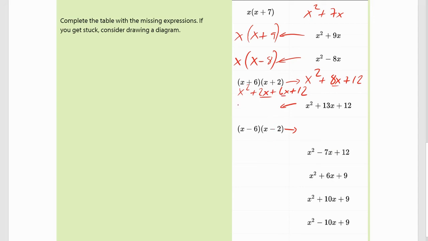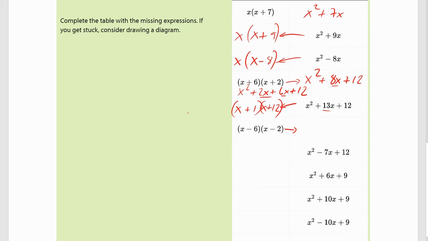All right, this one's a little bit more interesting. All right, so what times what gives us 12, but has to add up to 13. We know x times x gives us the x squared. We know that 12 times 1 gives us 12, but also 12 plus that 1 would work if you were to combine them after you multiply the x's to get 13x.